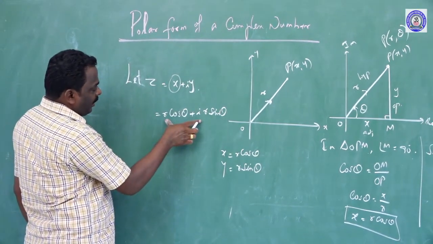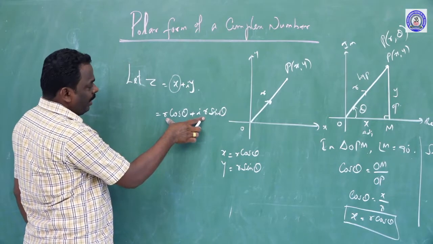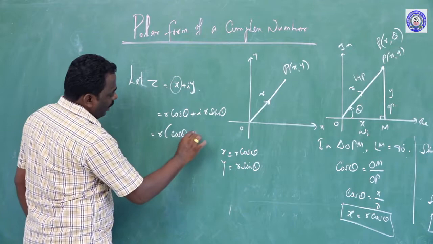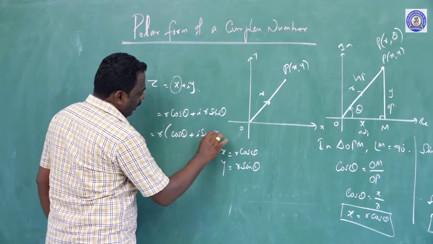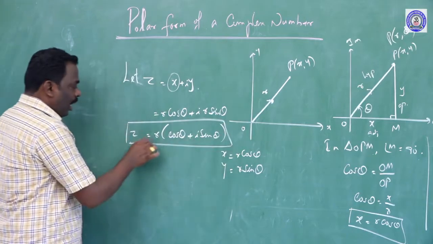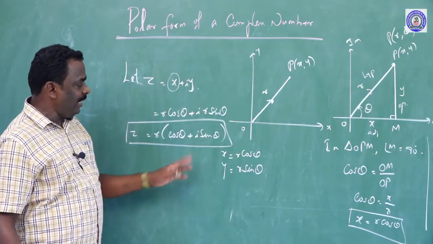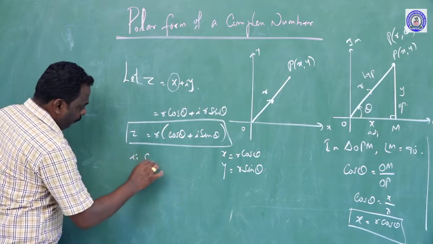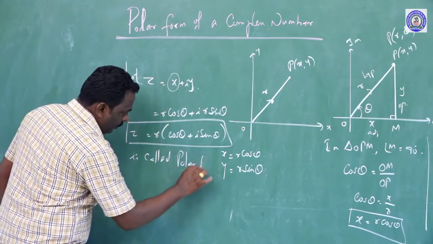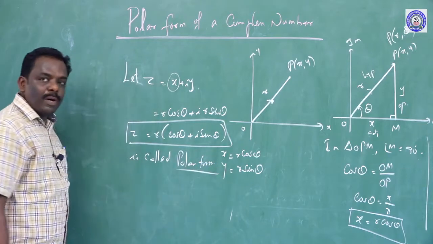From this equation, see that r is common, so we can take r commonly: r into cos theta plus i into sin theta, that is equal to z. Therefore, z equal to r into cos theta plus i into sin theta, and this one is called polar form.